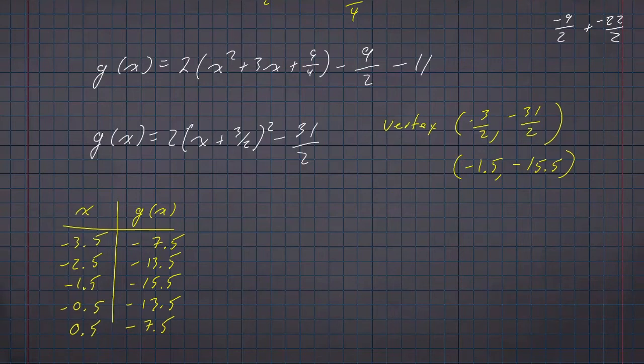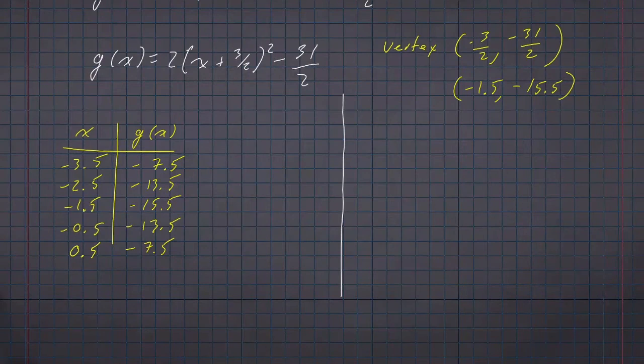All right. Very negative. So let's draw some coordinate axes. Let's scroll the screen down a bit so we can draw some more coordinate axes.